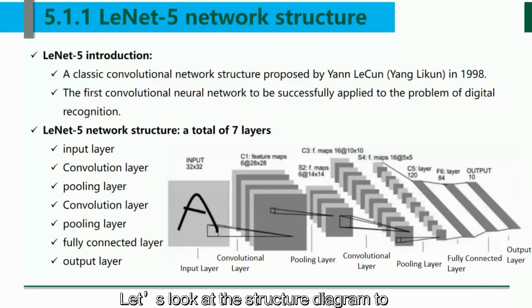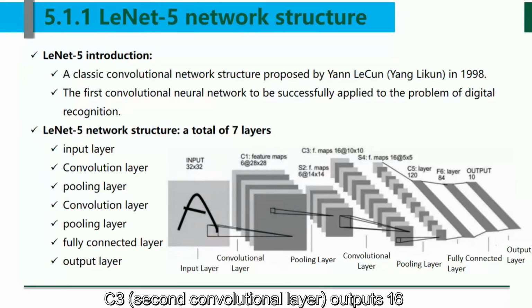Let's look at the structure diagram to understand each layer's output. The input layer is 32 multiplied by 32 pixels, then C1, the first convolutional layer, outputs 6 feature maps of 28 multiplied by 28. S2, the first pooling layer, downsamples to 6 feature maps of 14 multiplied by 14.